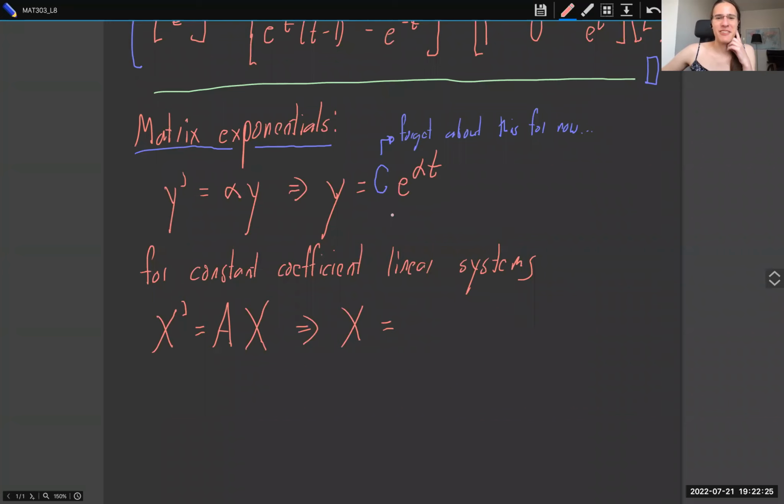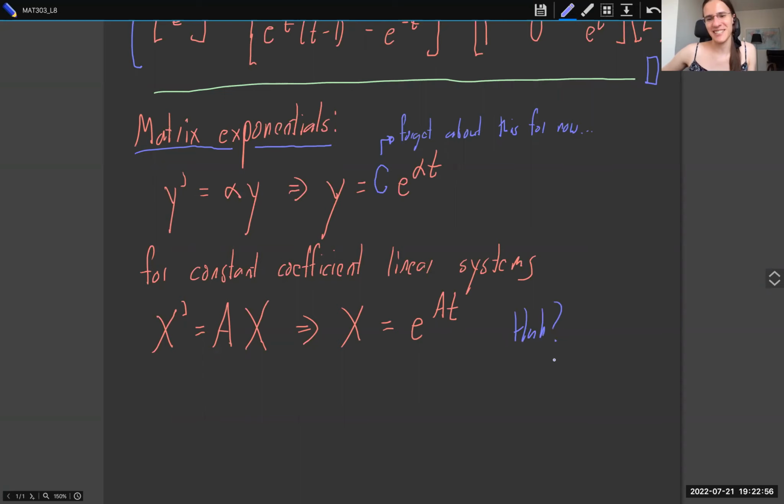No, I'm looking at the previous line. Just do the most direct thing that you could do from the previous line. Okay. E to the A times t as a function of t. Okay, so like what?